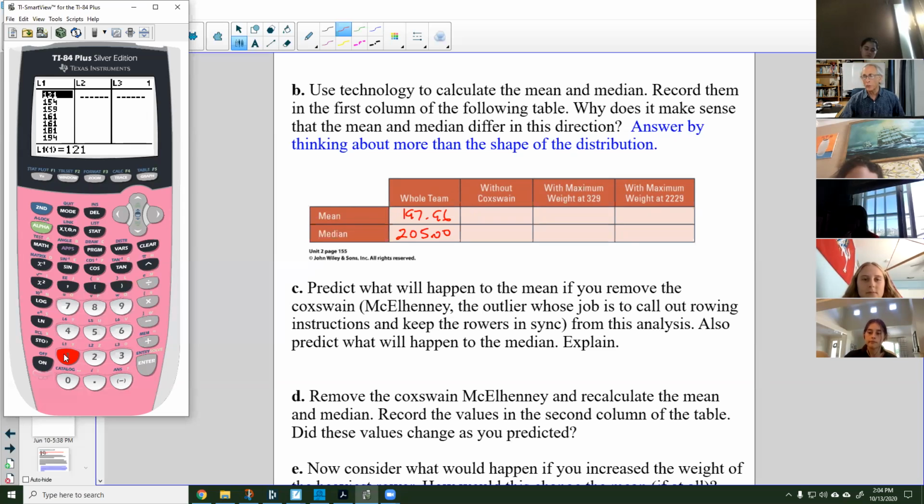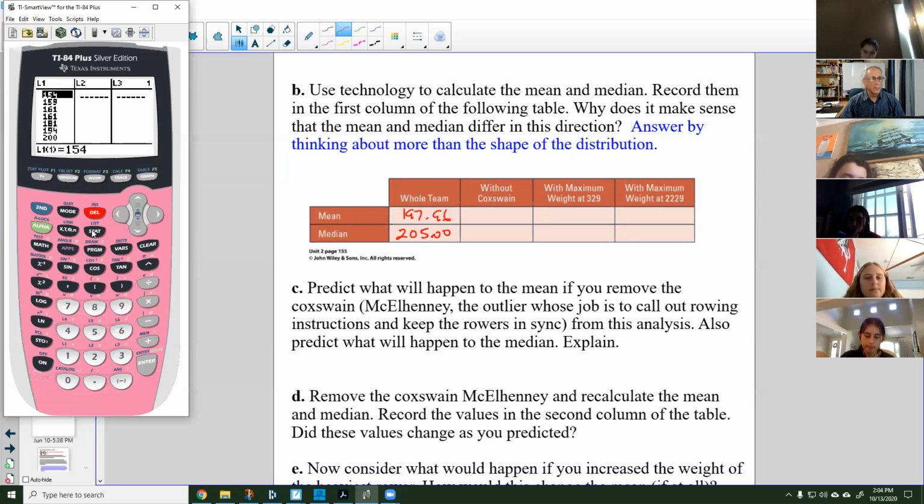Okay, so now I know who the lightest guy is. He's the guy at the very top. So I'm just going to press my delete button. He's highlighted. I just got rid of him. He's now deleted. He's off the list. He is no longer there. Okay. So I want to find out what the mean and the median are without the coxswain.